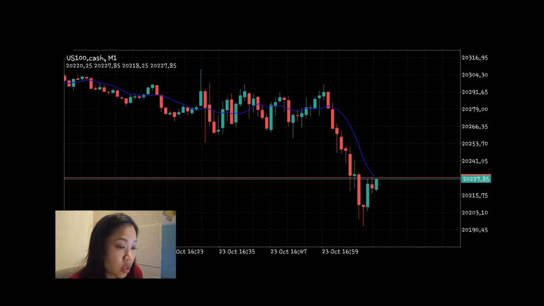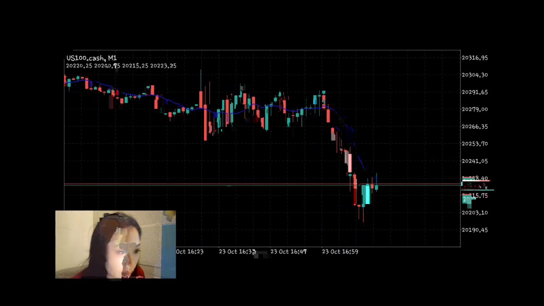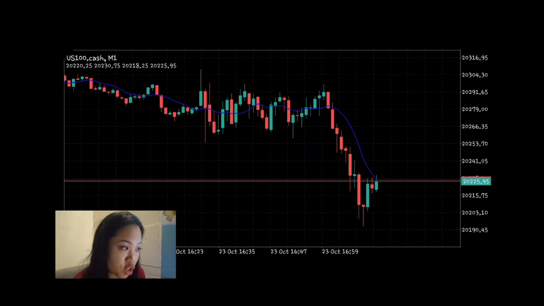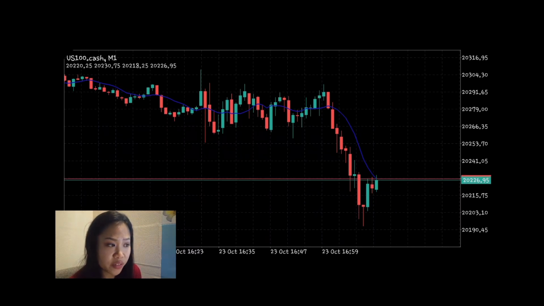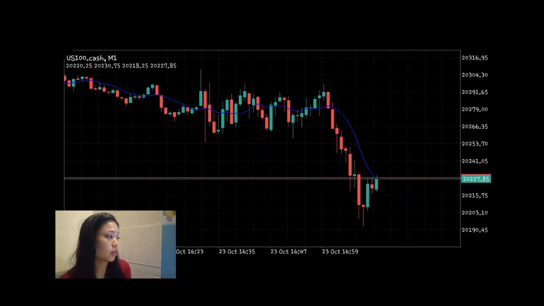So I am done for today, but I need to work out my position size, because I think that 0.05 is not actually 0.5%. I don't know what I'm doing. Anyways, I'll figure it out later.